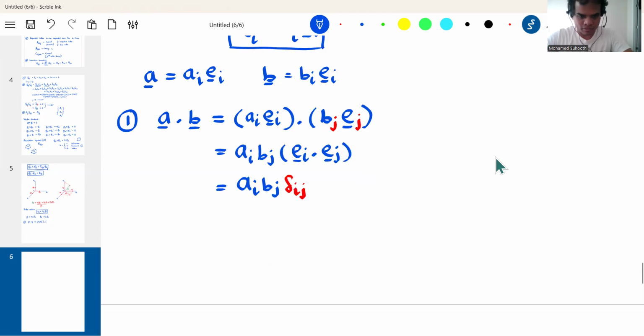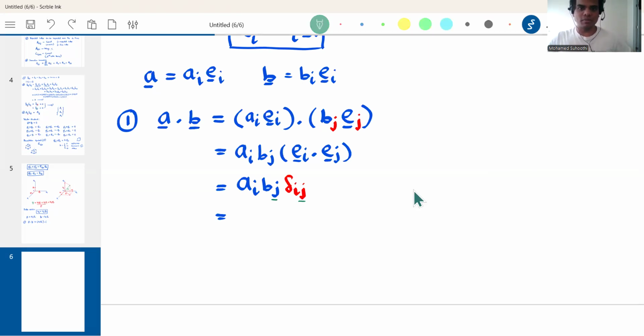Okay. So now, again, we discussed the properties of the Kronecker delta. What are the properties of the Kronecker delta? You can select i or j. In this case, if you select j, j is here, j is here. Now you have to replace this j with the other index in the Kronecker delta, right? Now you have to replace it with i, right?